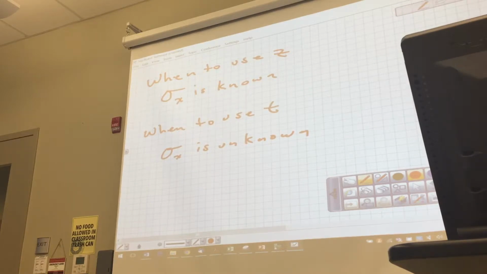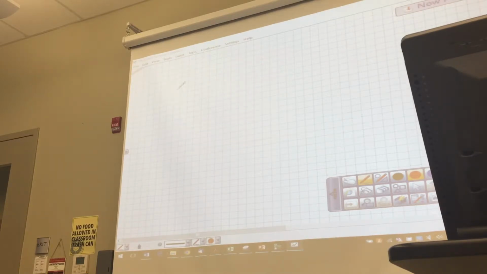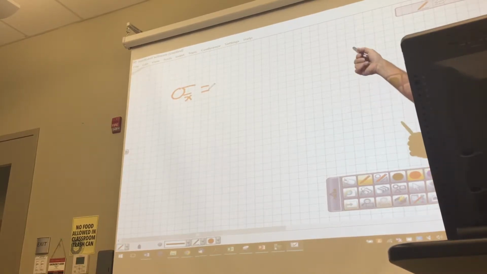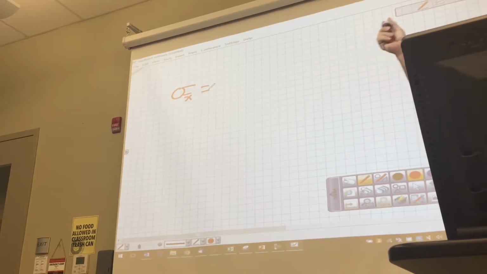When I'm looking at this, the standard error is calculated, and when I can write the symbol, I use this symbol for standard error, which is the standard deviation of x divided by the square root of n. A lot of times you will see that I just write it like this.